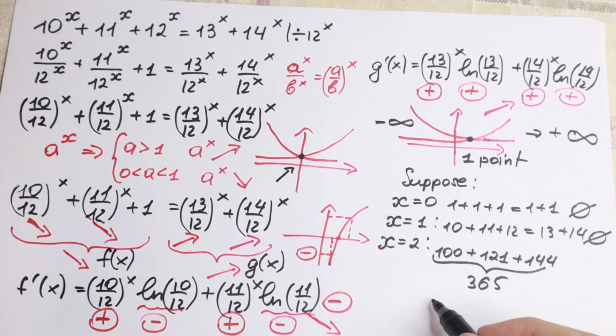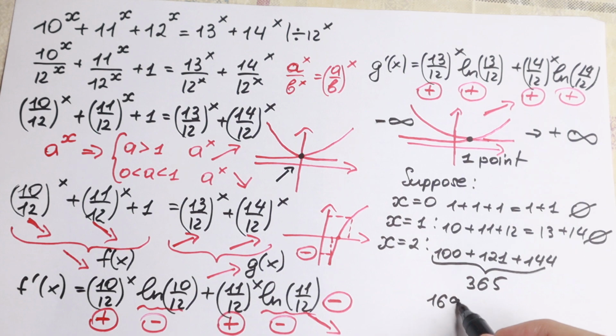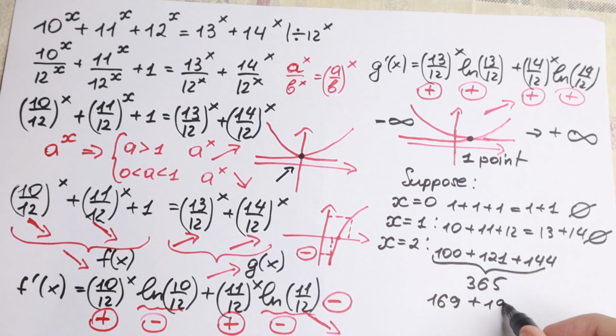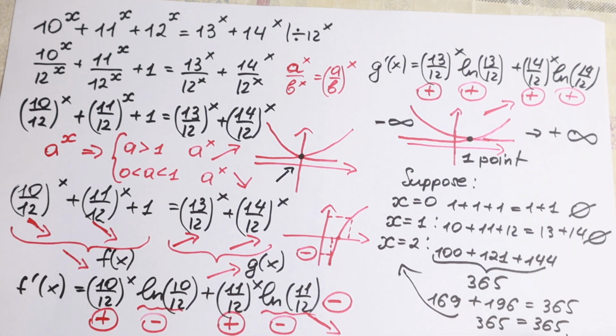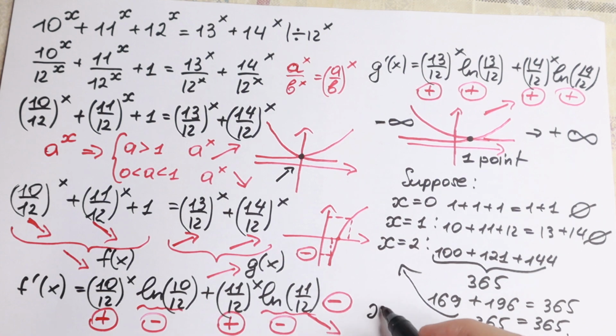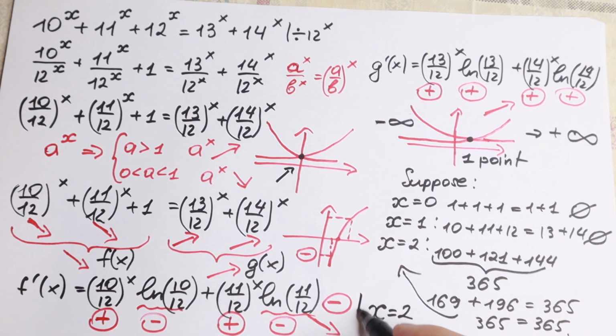On the right hand side, we will have 13 squared, 169, plus 14 squared, 196, and right here we'll have 365 as well. So as you can see, 365 on the left hand side is equal to 365 on the right hand side if x is equal to 2. So we can say easily that our x is equal to 2.